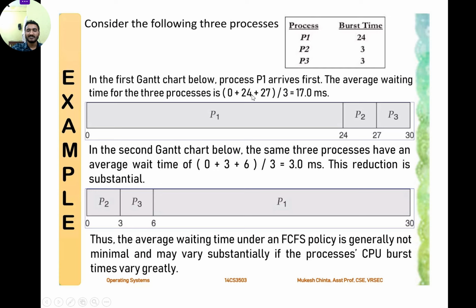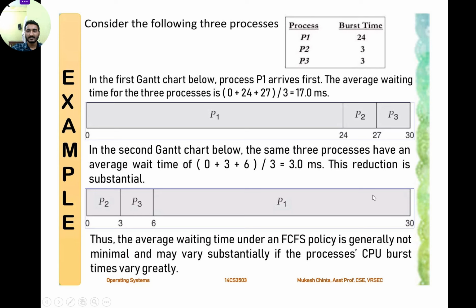So 24 minus 0, 24 is the waiting time for P2, and for P3, 27 minus 0, so 27 seconds is the waiting time of P3. When you add them and divide by 3, you will get 17 milliseconds average waiting time for these three processes.